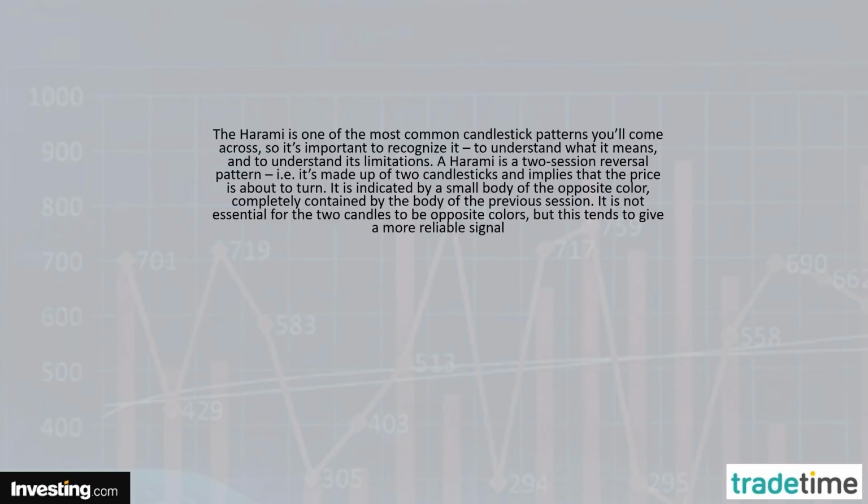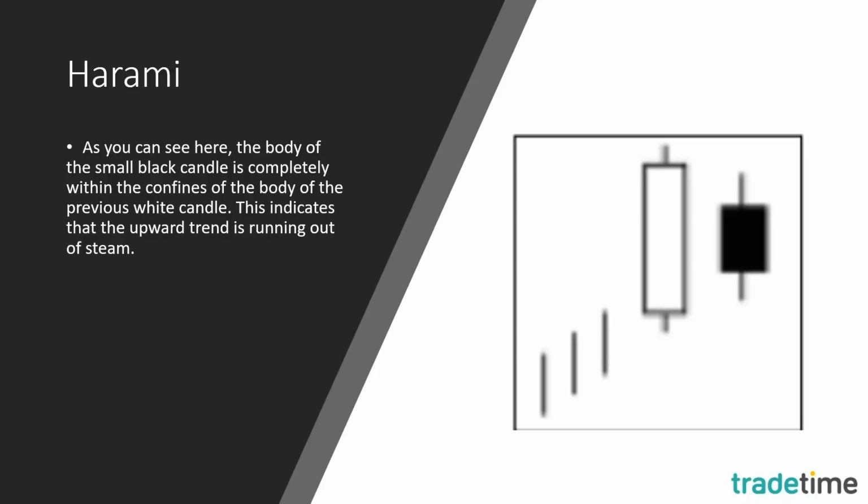It is an indication by a small body of the opposite color completely contained by the body of the previous session. Now, again, remember I told you I disagree and I want a very firm signal. Some of the rules say it is not essential for the two candles to be of opposite color. I say it must be of opposite color, but this tends to give a more reliable signal.